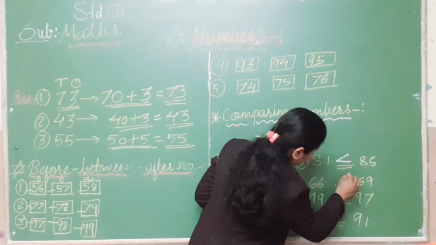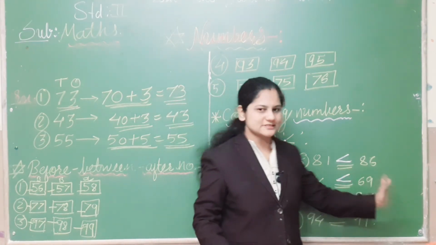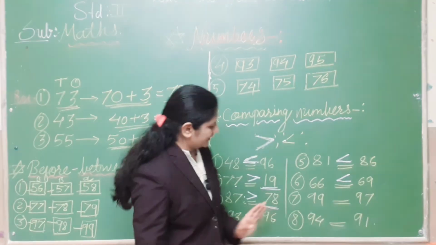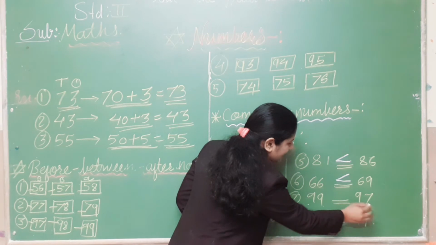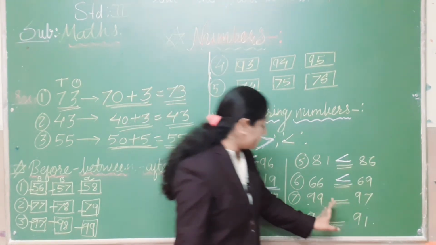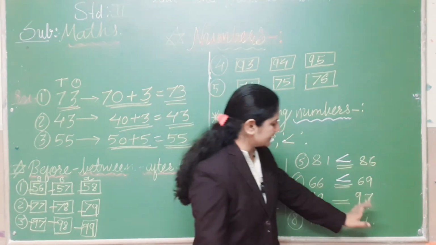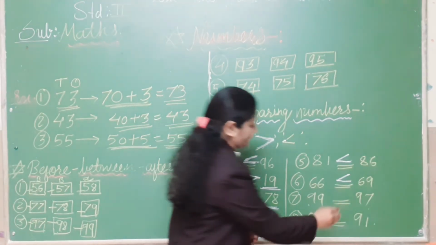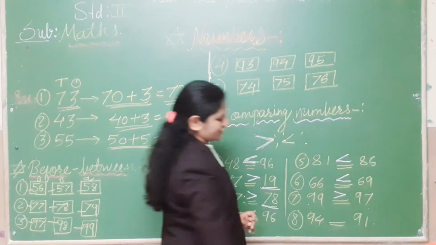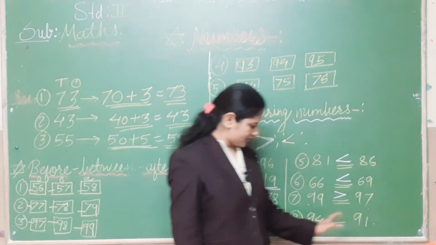That's why the closed arrow is towards 66 and the open arrow towards 69. Then 99 and 97, only one number in between. Okay, 99 is the greater and 97 is the smaller. Open arrow towards 99 and closed arrow towards 97.